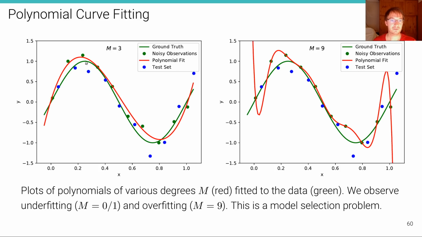Now, if we increase the order of the polynomial to 3, we get some quite reasonable results for this data set. If we increase further to m equal 9, m equal 9 means the polynomial has 10 degrees of freedom, because we have this one bias element. This means we can reduce the error to 0, because we can always fit exactly a polynomial with the number of degrees of freedom to a data set with the same number of points. Here we have 10 data points, the green ones.